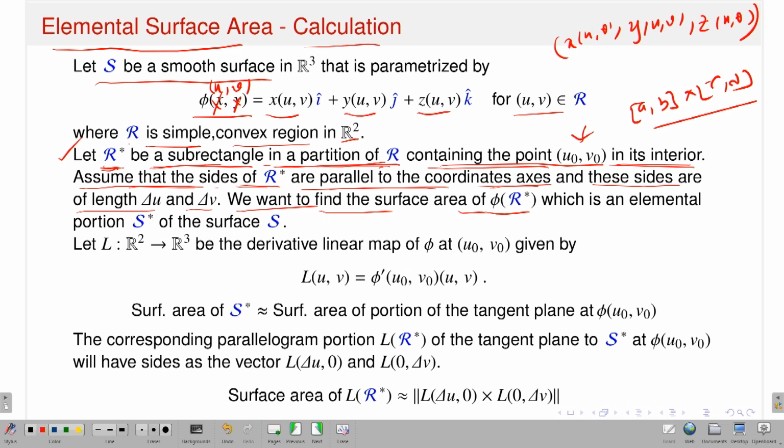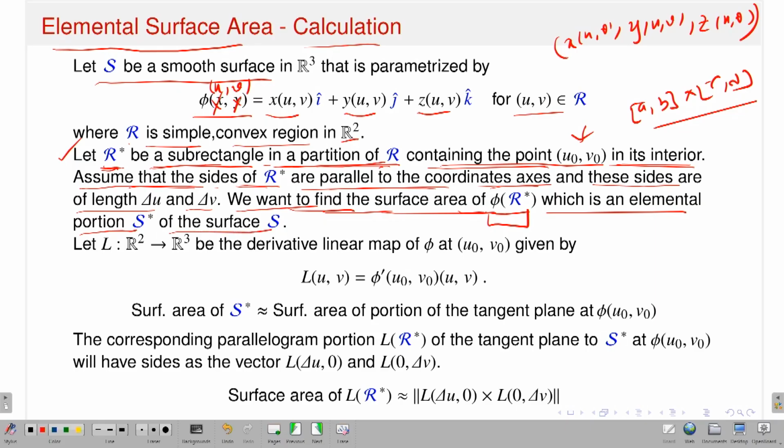The image of R star under phi is some portion of the surface, and I want the surface area of that small portion. So we want to find the surface area of phi of R star, which is an elemental portion that I am denoting as S star of the surface S.